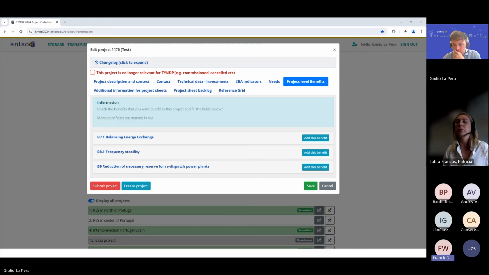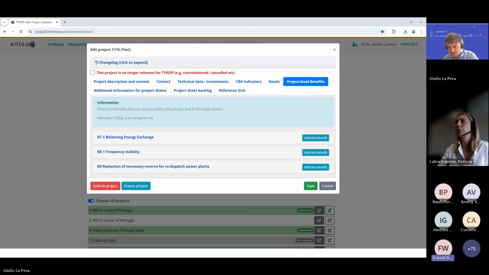So the focus was not on storage projects, because like I also mentioned before, the CBA methodology for the assessment of storage projects now lies within the responsibility of the European Commission, and therefore there's also guidance on that already from their side.